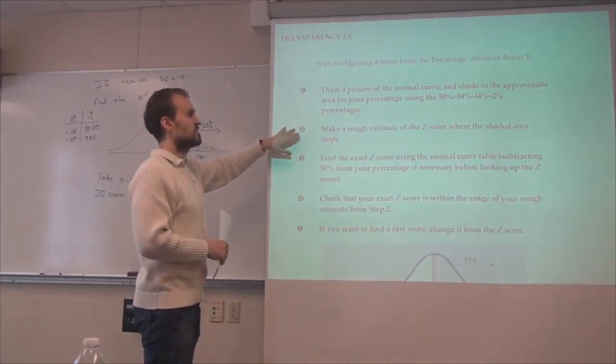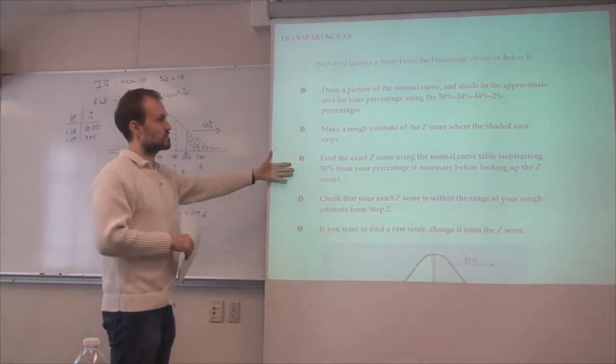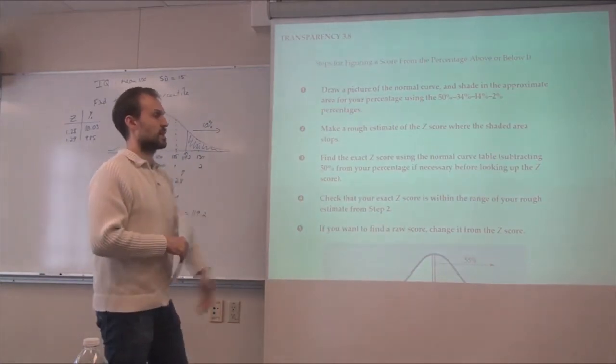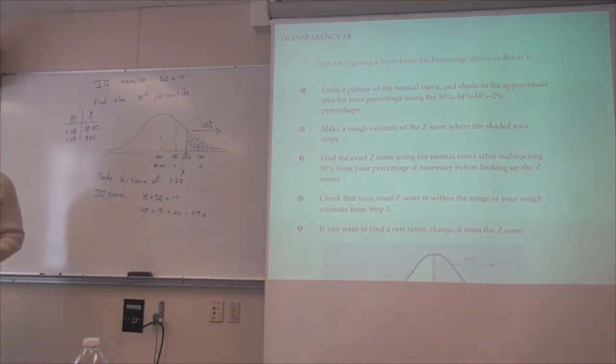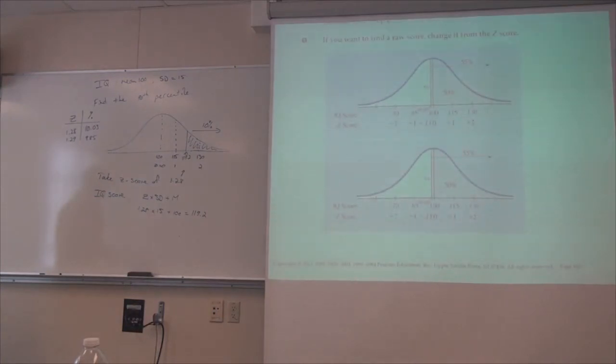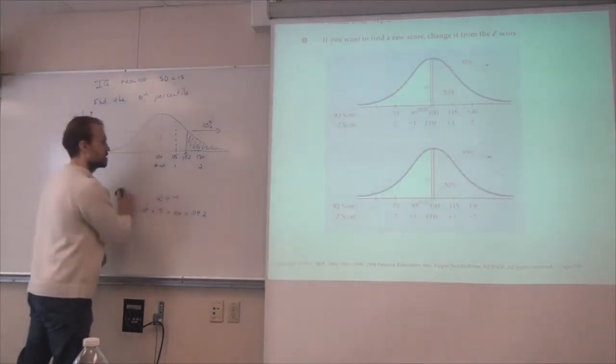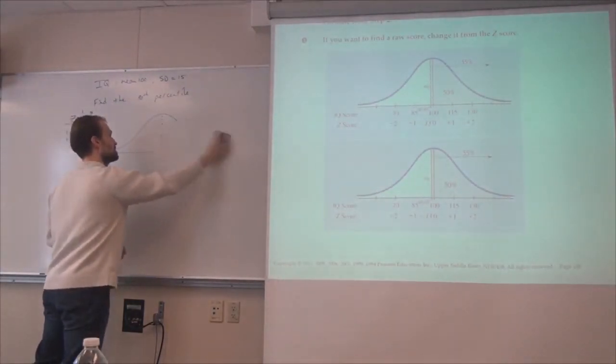Then just have a rough idea of what z-score am I looking at. Then find it using the table in reverse and get back to the actual score. So the example here is worth doing, I think. And then we're done with this chapter.